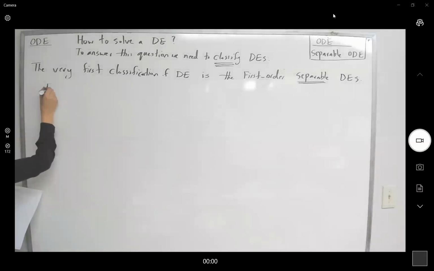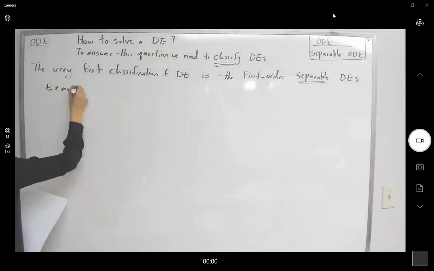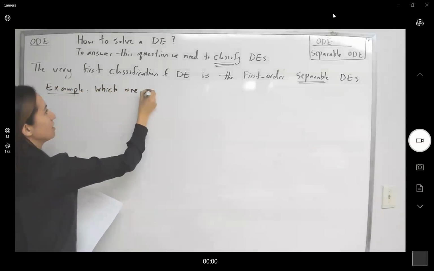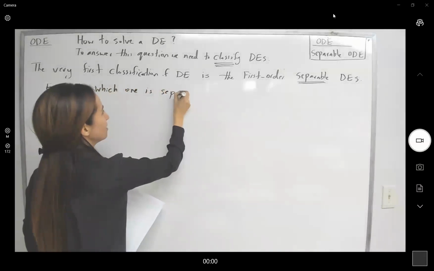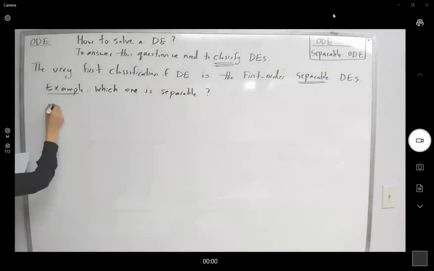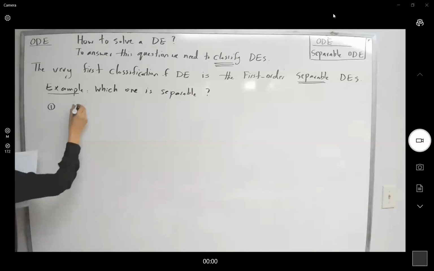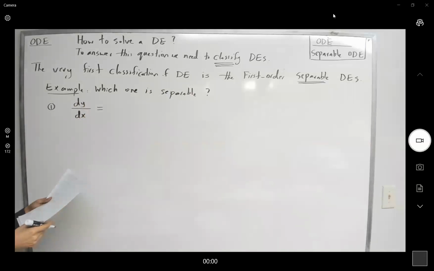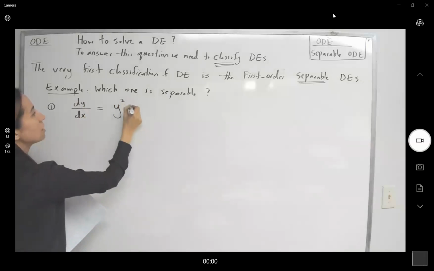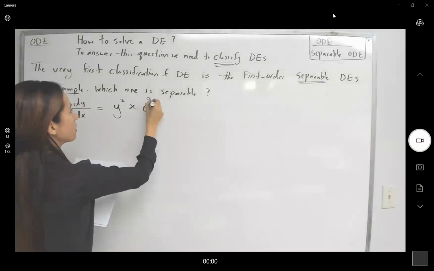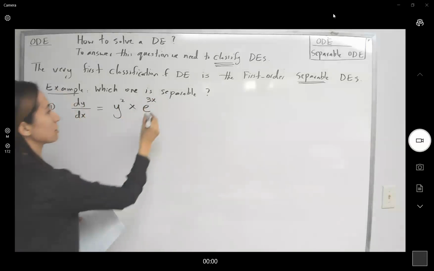So, example. Which one is separable? Well, number one says dy over dx is equal to y squared times x e to the power 3x plus 4y.